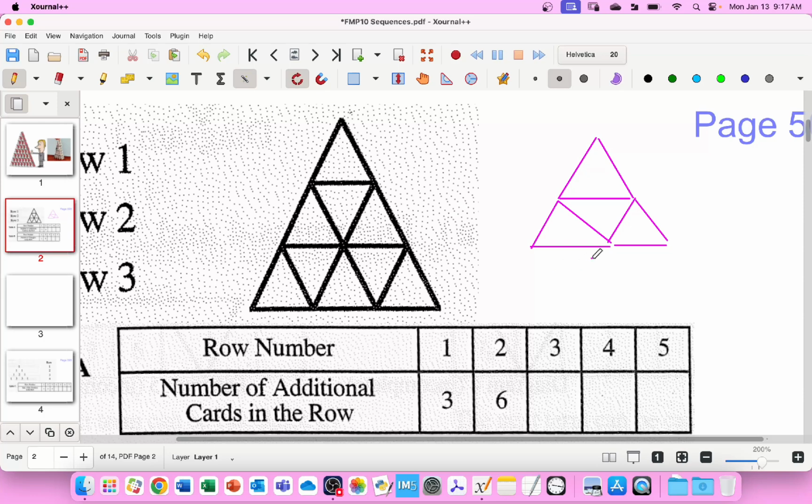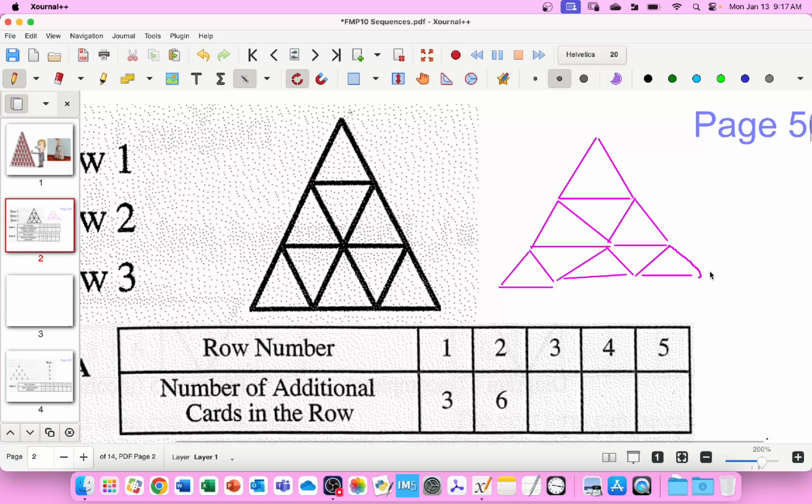So how many cards did I have to add for row 3? Well, let's think about that. 1, 2, 3, 4, 5, 6, 7, 8, 9. So I had to add 9 cards.